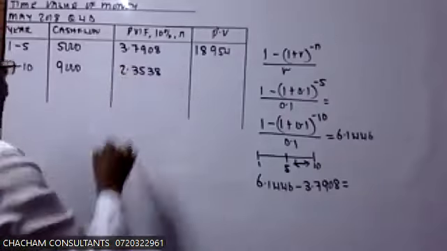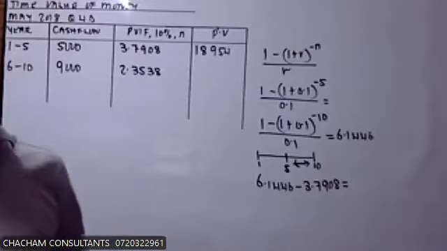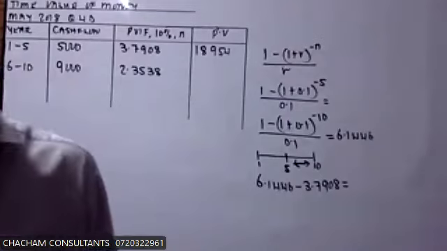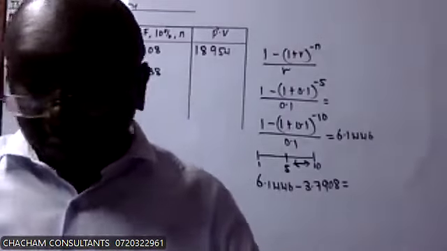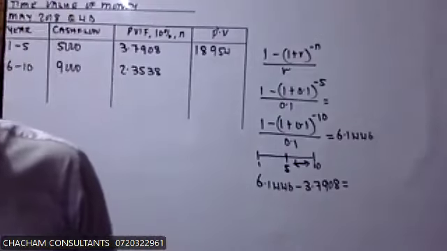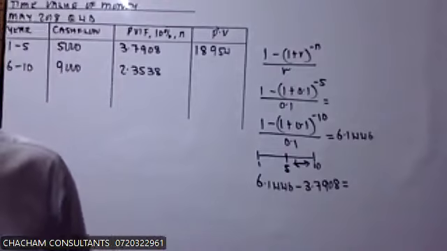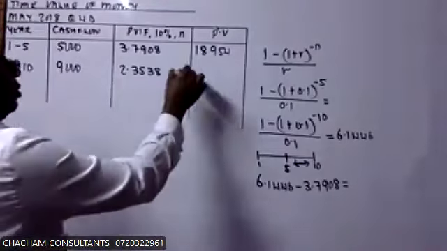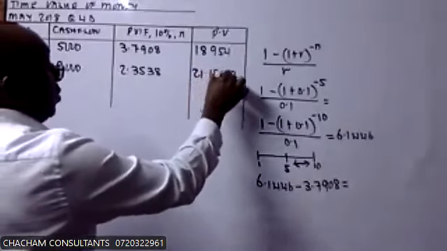So multiply by 9,000. It comes to 21,184.2.